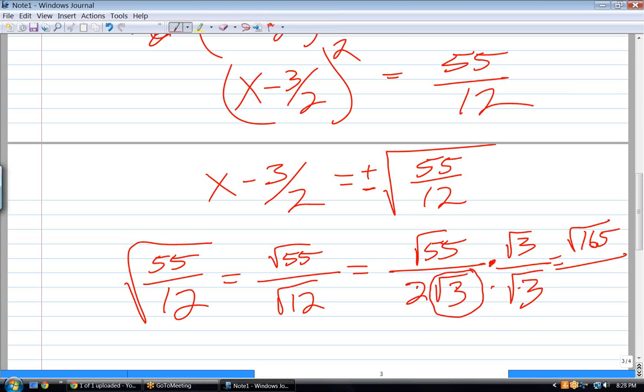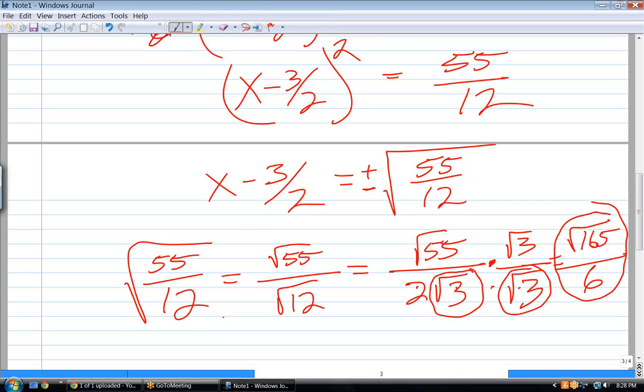Square root of 3 times square root of 3 is 3. So it's 2 times 3. That's almost my answer. And it may not feel like it's simplified, but it is.